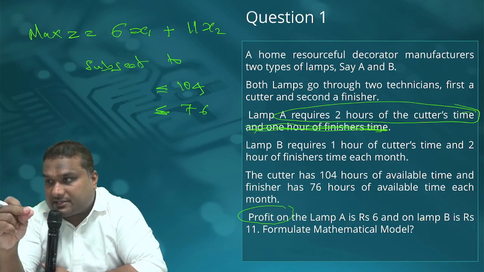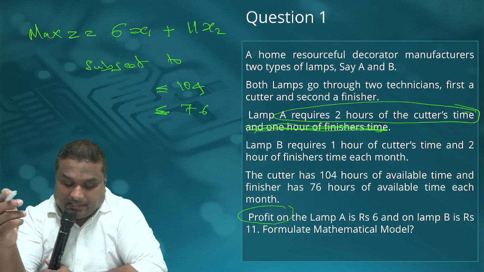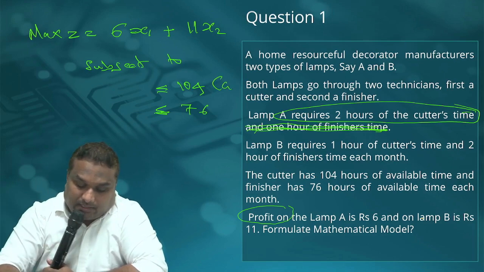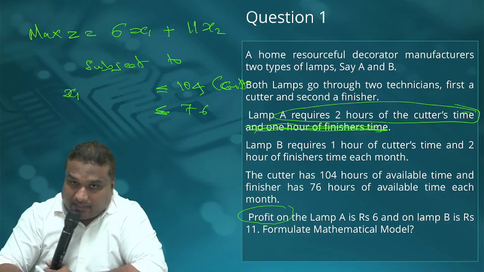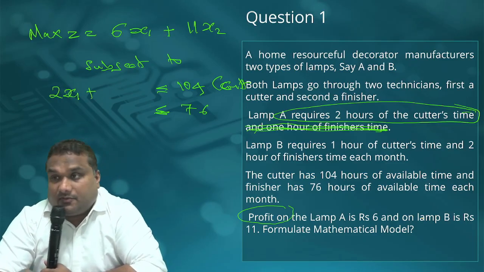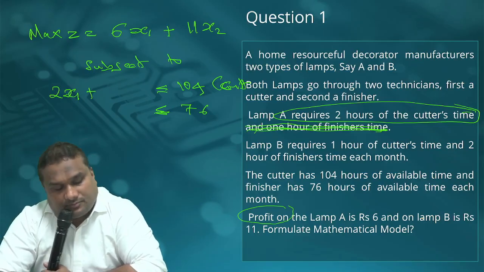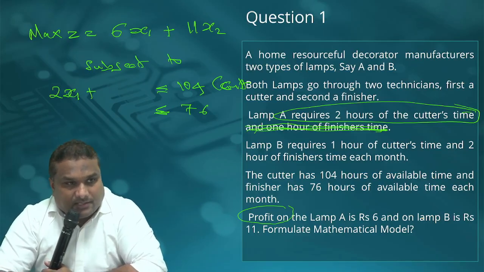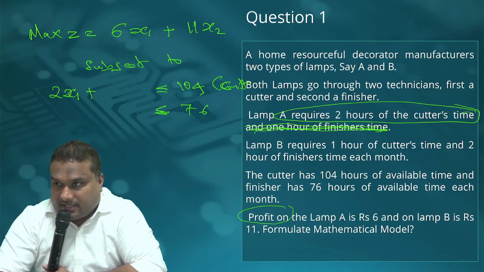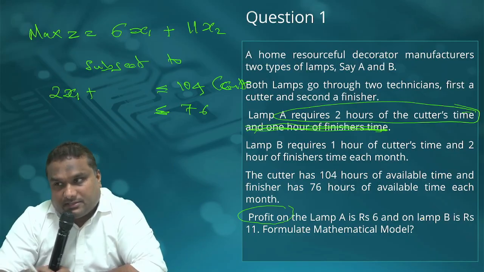Lambier means X1 or X2. Lambier, it is X1. X1 requires 1 hour or 2 hours. 2 hours means 2x1, 3 hours means 3x1, 5 hours means 5x1, and 1 hour means just x1.